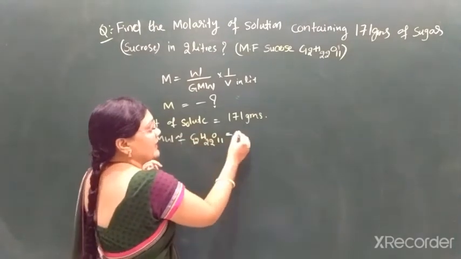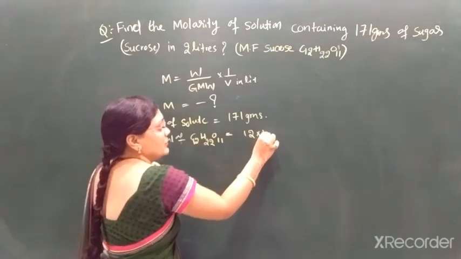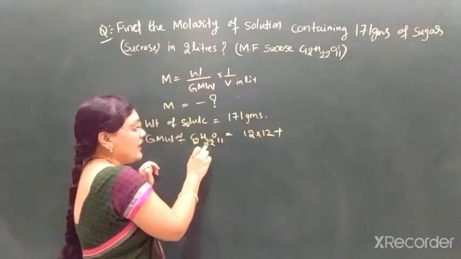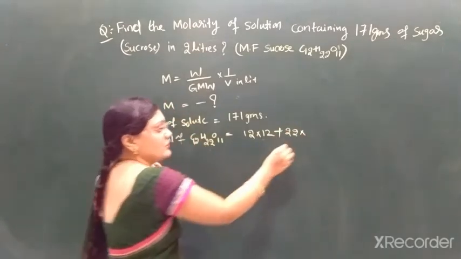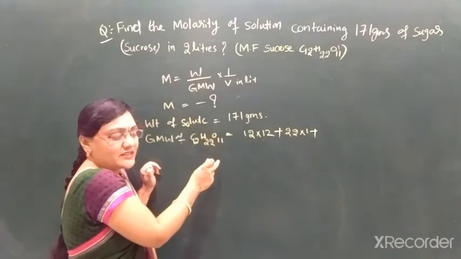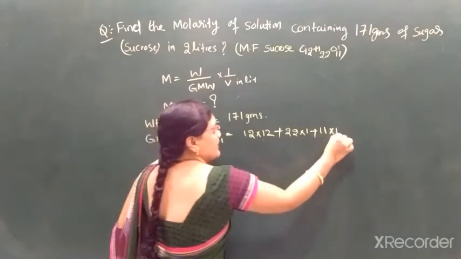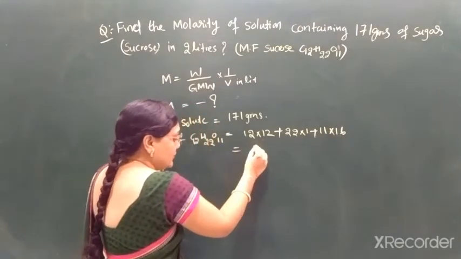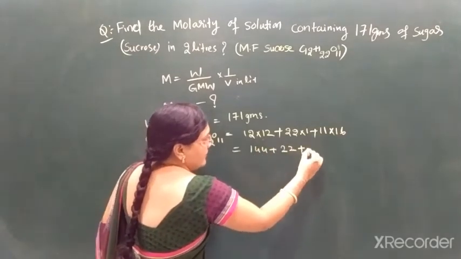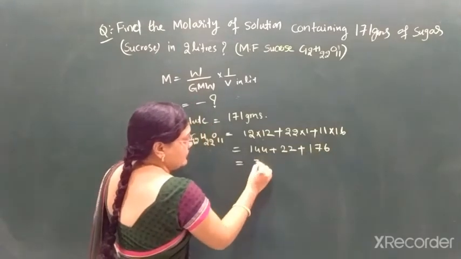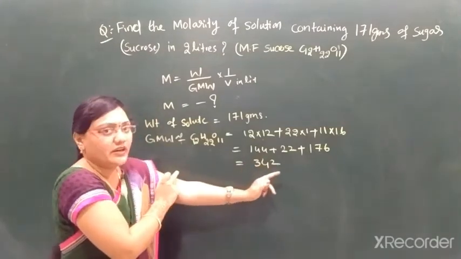Carbon atomic weight 12, and there are 12 carbons: 12 into 12, plus 22 hydrogens, hydrogen atomic weight is 1, plus 11 oxygens, oxygen atomic weight is 16, 11 into 16. 144 plus 22 plus 176 equal to 342. The gram molecular weight of sucrose is 342.